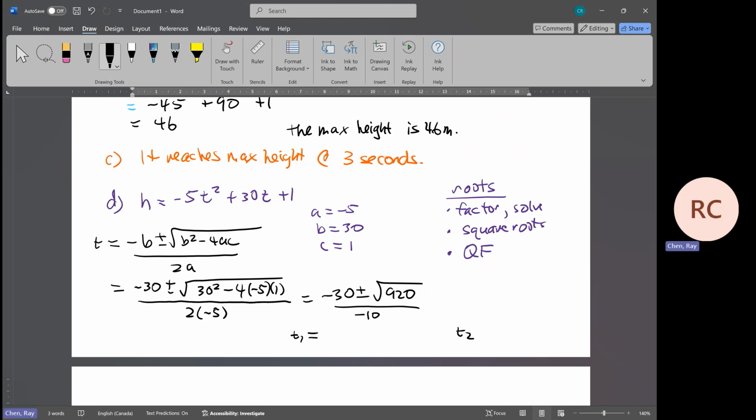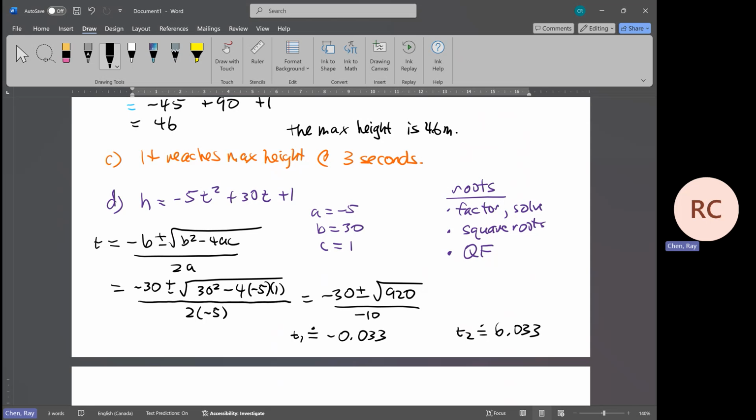So the first time and the second time is going to be our solution. The first one, if we take the negative 30 and add it to the square root of 920 divided by negative 10, we get a negative answer of negative 0.033. And this is, of course, approximate. The other answer, if we take the subtraction one, negative 30 minus the square root of 920 divided by negative 10, we get an answer of approximately 6.033.